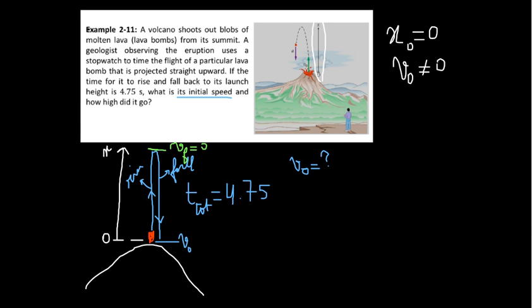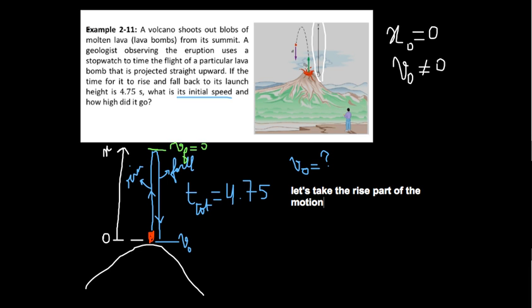So during the rise, it starts from v0 and ends at v final. So I have v final in this rise. Do I have the time for the rise? Actually, yes. So let's take the rise part of the motion.